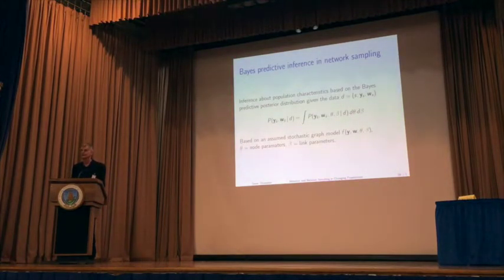I would say that the model-based estimates have maybe been the most successful. They're the ones that are spreading because many of the network sampling situations are just too complex to find good, efficient design-based estimators.